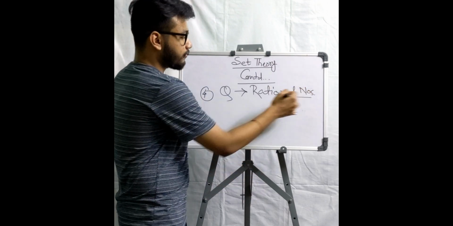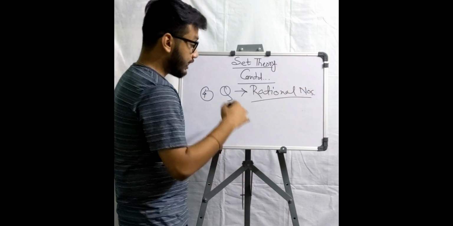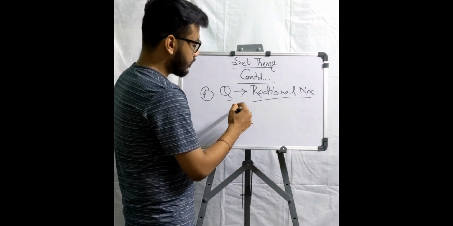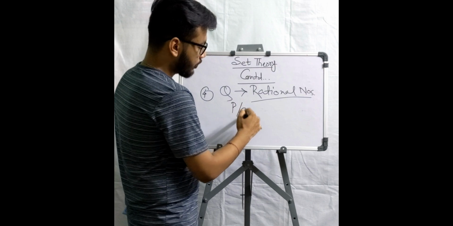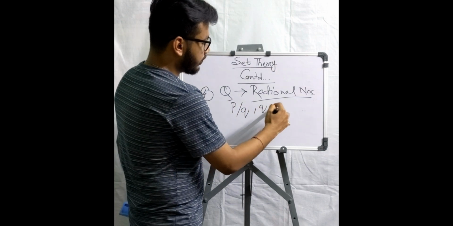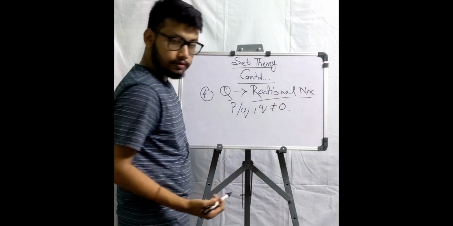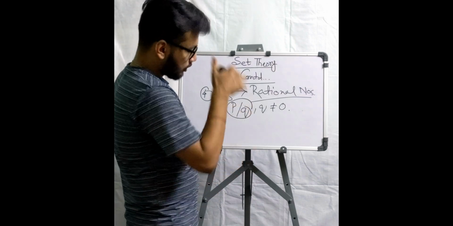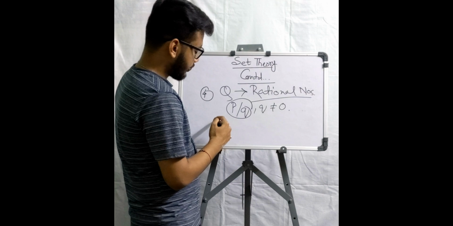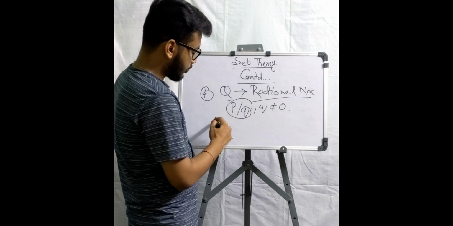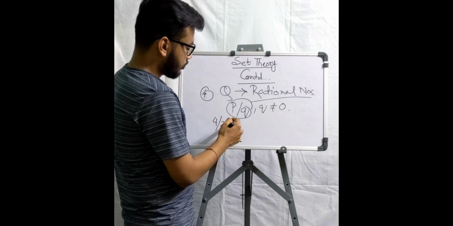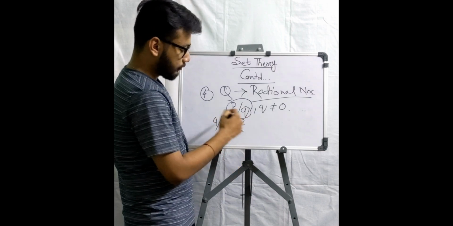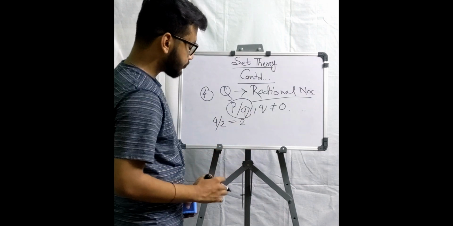The definition says that it is a number which can be represented in the form of a ratio p by q, where q is not equal to 0. Let us try to understand with some examples. If p is 4 and q is 2, this is a rational number and it can be written as 2, because 4 divided by 2 gives us 2.